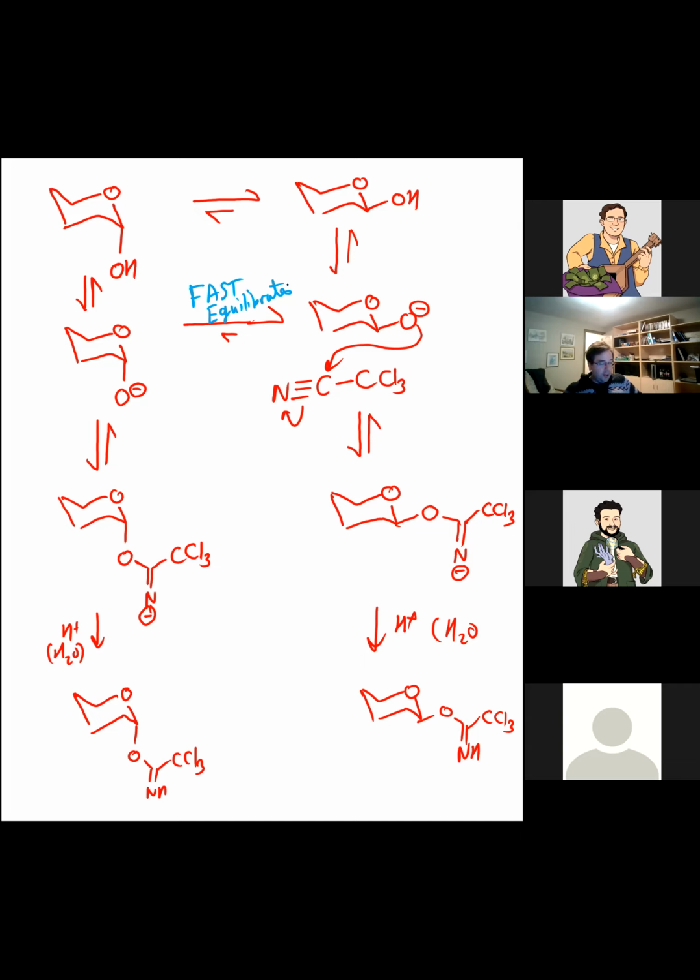Now, in both cases, you add excess base, and so this is essentially irreversible, because you have a strong enough base in both cases, sodium hydride and potassium carbonate, to deprotonate that alcohol quantitatively and transform it down to the alkoxides.